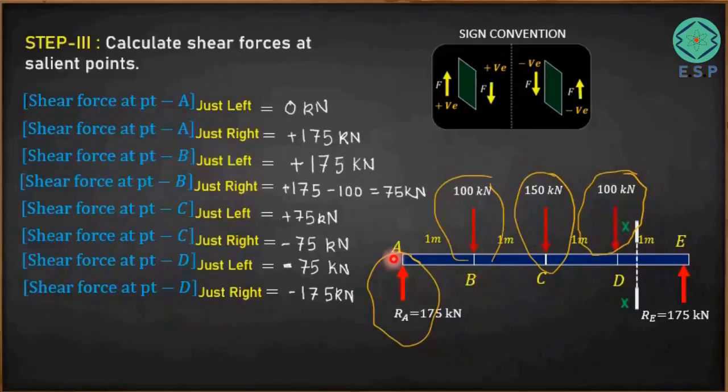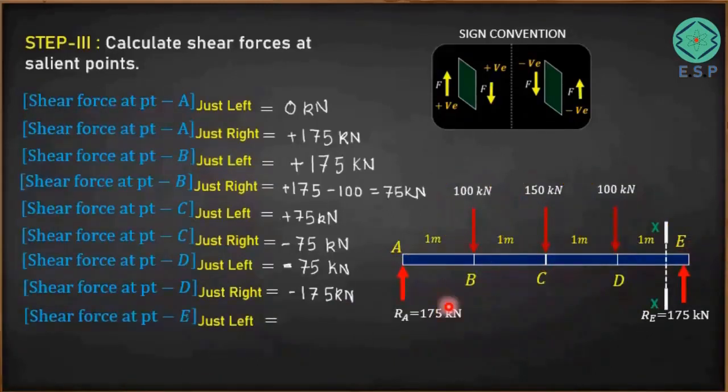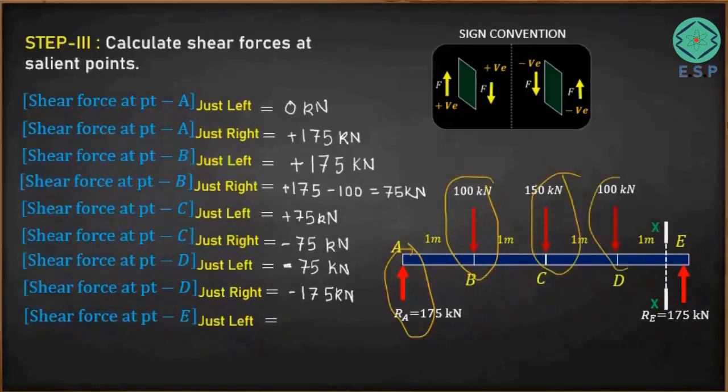So if you add all these shear forces, you'll get minus 175. Now to calculate the shear force at point E just left, it means your reference plane is just left of the point E. Now if you see here, the forces covered are this force, this force, this force and this force, right?